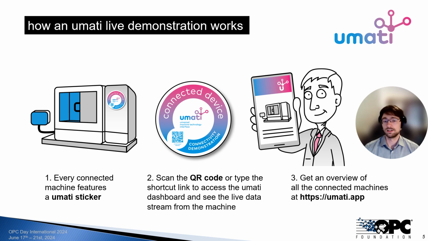On umati.app, there's the dashboard application running from umati. I will show it in a second, but what it actually does is connect to all the machines on the fair, extract the data that is provided by the OPC UA companion specification, and show all data independently of who the vendor of the machine is in one standardized way. So you have a very easy way to show interoperability and show that the data is actually modeled in the same way.